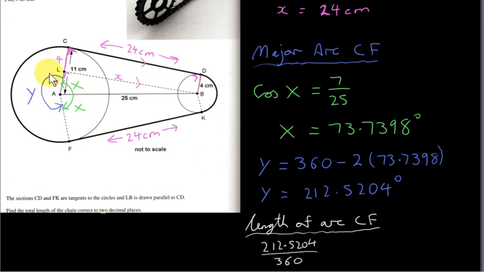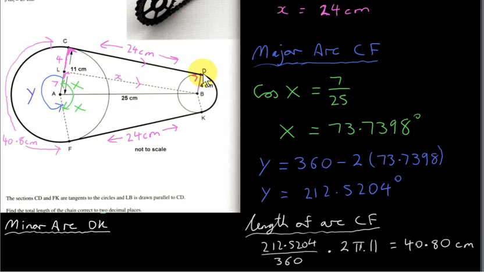So we get the proportion or fraction of Y out of a full revolution, and we multiply that by the circumference of this circle. The circumference of a circle is 2 pi times the radius, and the radius of the circle is 11. To 2 decimal places, I get an answer 40.80 or 40.8 centimeters.